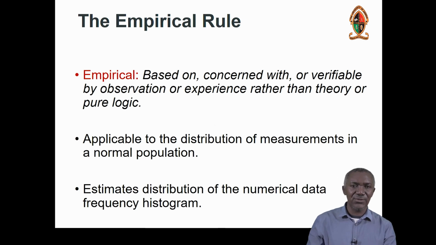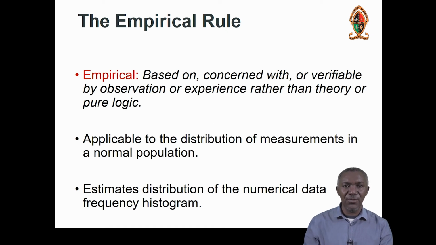To start with, I want us to look at the empirical rule. By definition, when we say empirical, it means that it is based on, concerned with, or verifiable by observation or experience rather than theory or pure logic.